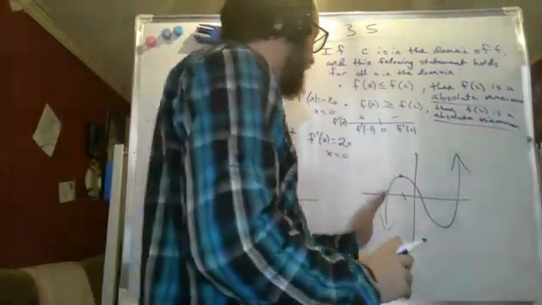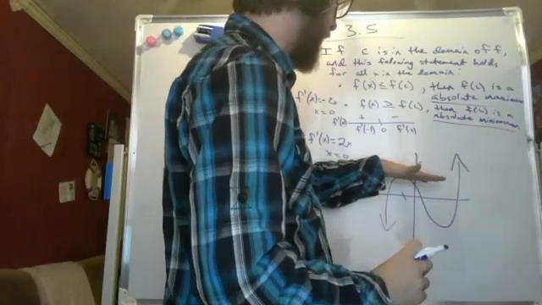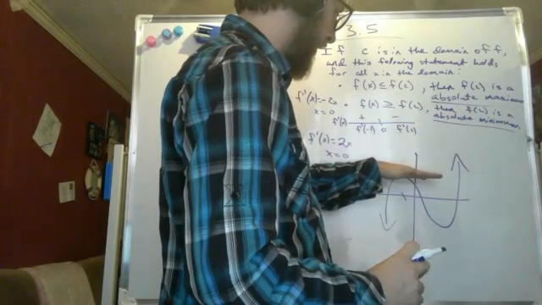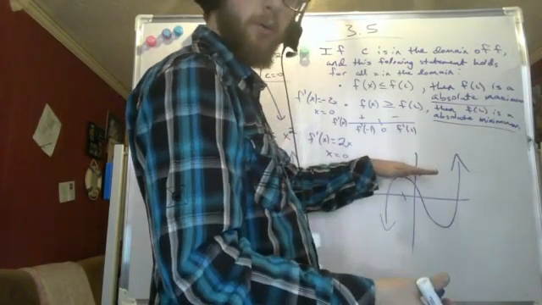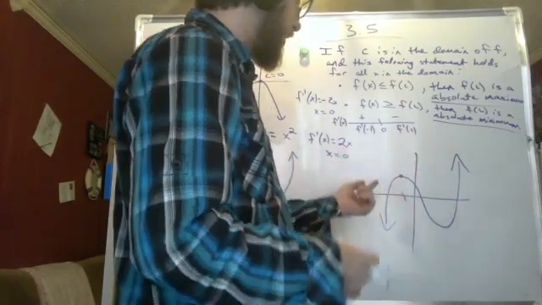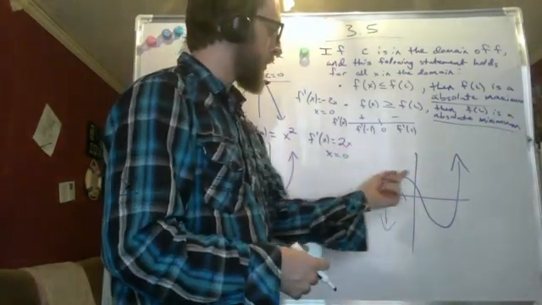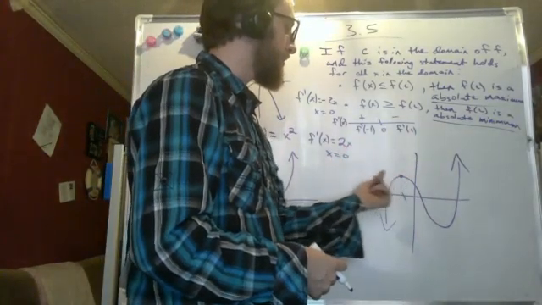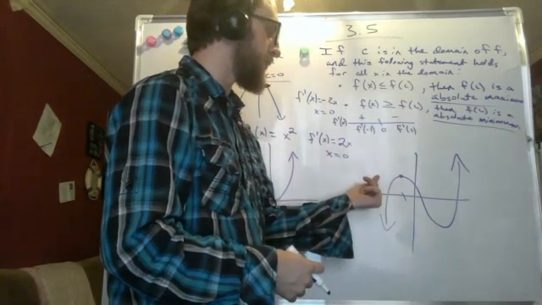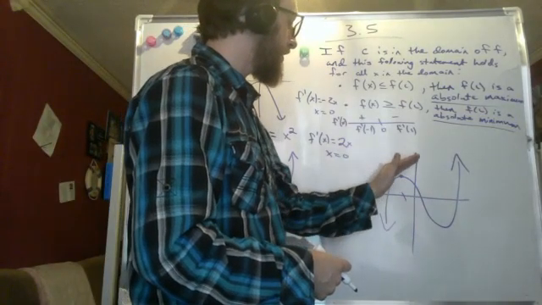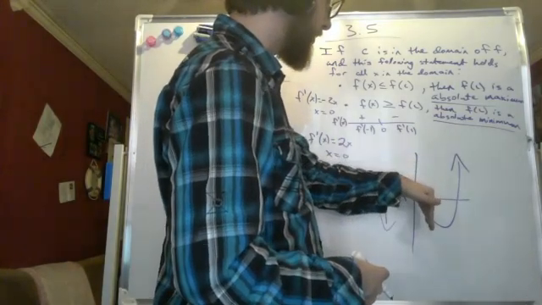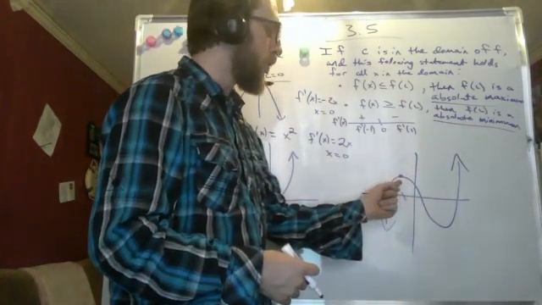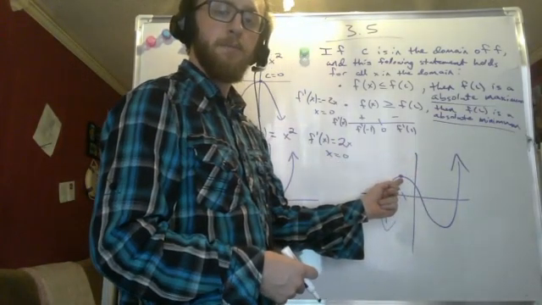Right here, we've got a point where the slope is increasing, increasing, increasing, and then it flattens out, so the slope is 0 here. That's a critical point. If we do the first derivative test on both sides of this point, it's increasing to the left and decreasing to the right. So this is a local maximum.